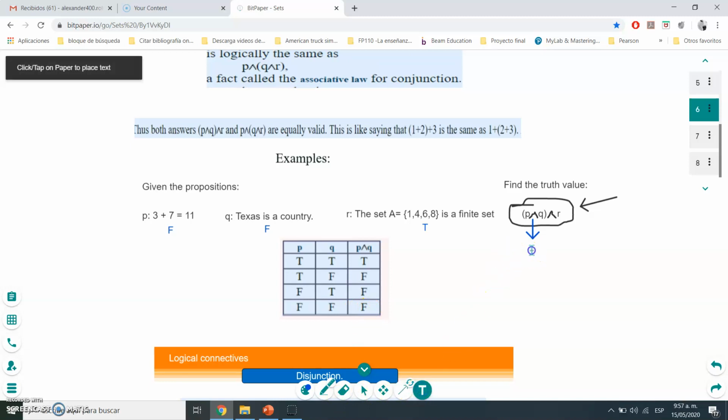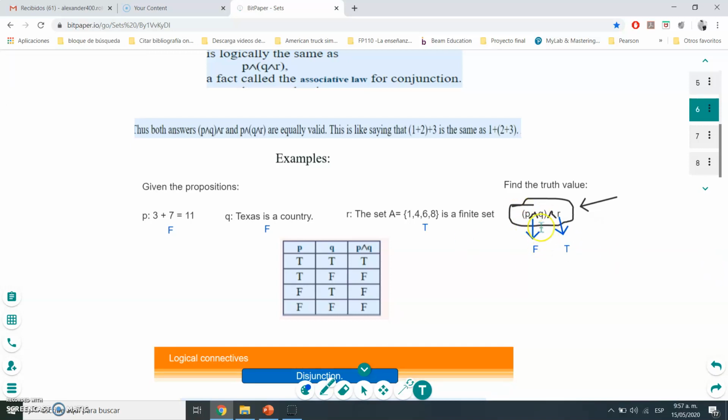So we already have this. Now, the truth value of R. We already have that R is true. We already know why. This is true, so R will be true.